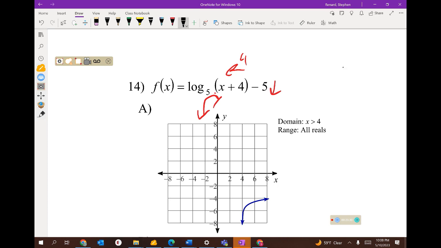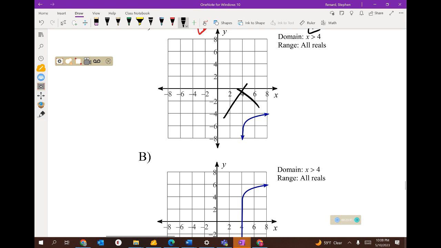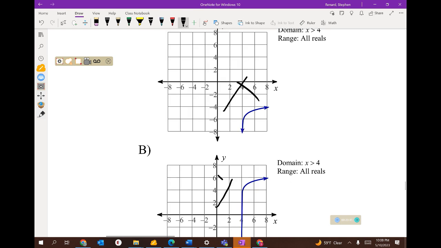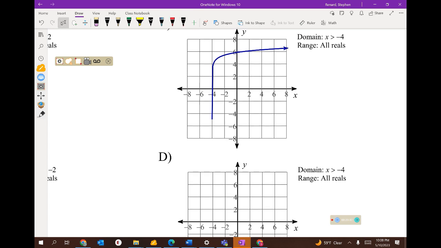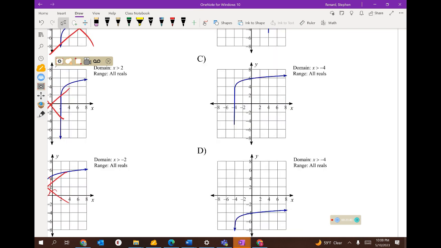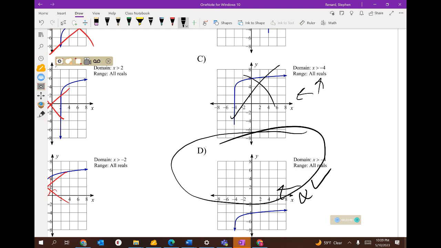So we're looking for something on a graph, 4 left, 5 down, that's going to kind of go like this. So no, no. So we're looking at C and D here. Notice that this one went 4 to the left and then up, which is wrong. This went 4 to the left and then down, which is correct.